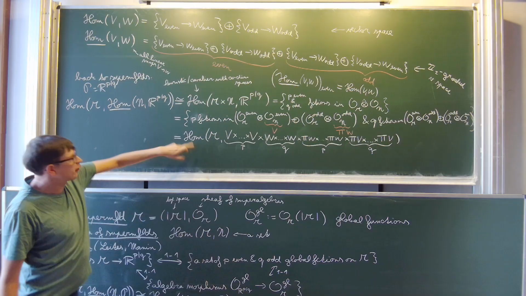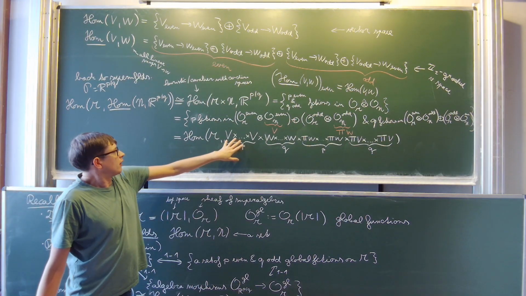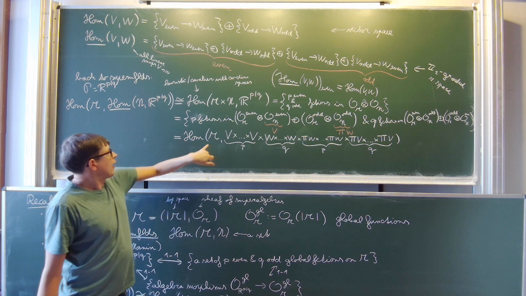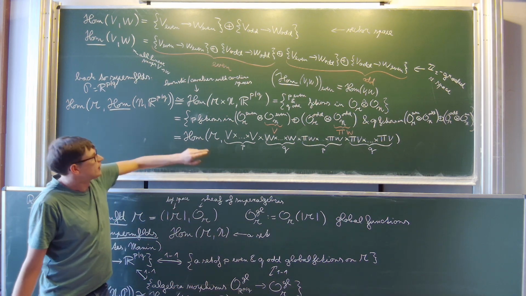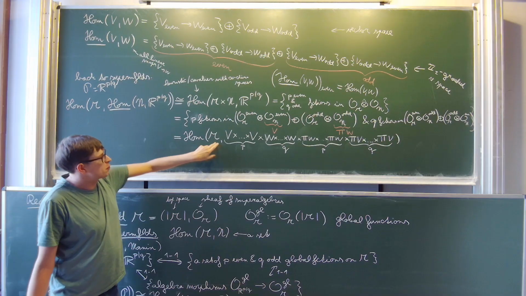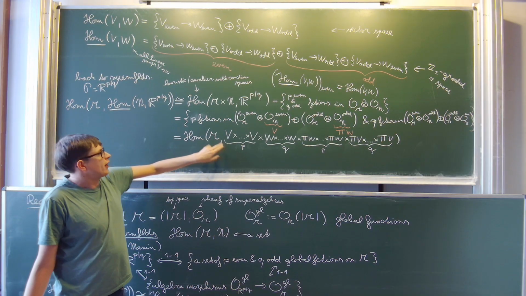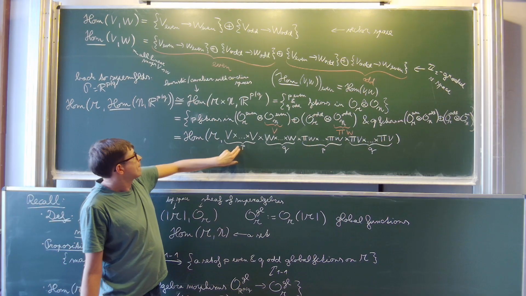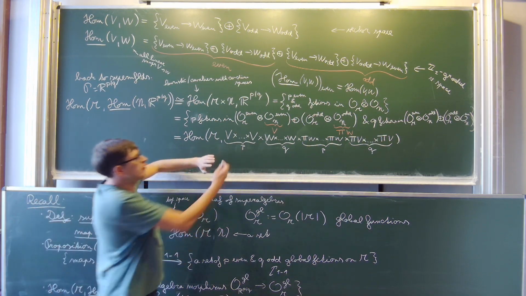If I now want to use the proposition and go from here to here, I'm going backwards, so I need to specify some number of functions here: as many functions as is the even dimension of this.